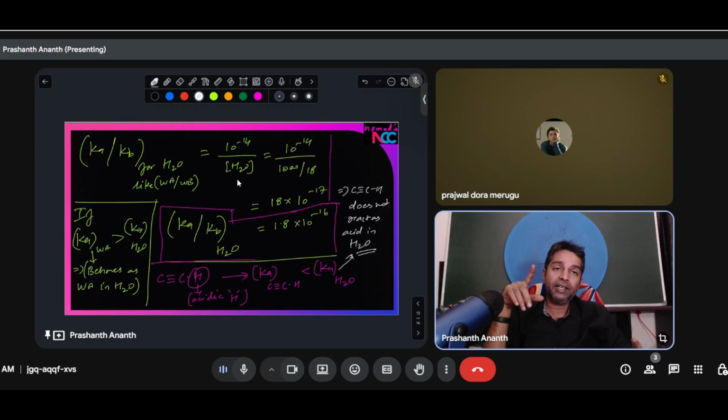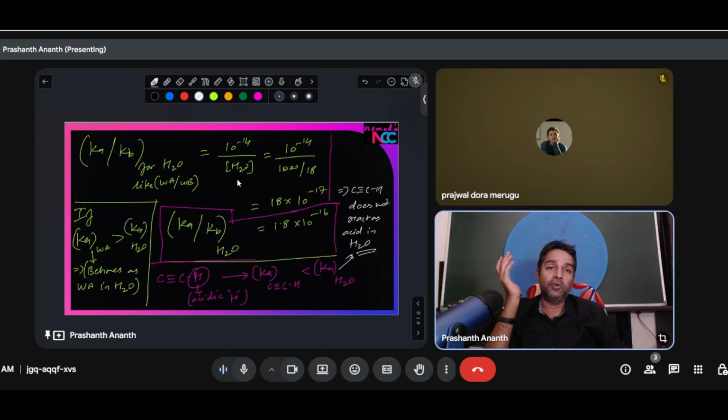But it does react as an acid with something like a Grignard reagent, because Grignard reagent is a much more powerful base. So with that guy, this fellow will react as an acid over there. So this Ka is very low. In fact, it is lower than OH minus also. That is why OH minus also does not react with this guy here. Sodium hydroxide does not react as a base, correct? That means even sodium hydroxide's basic character, OH minus's basic character in water, is not enough for this.